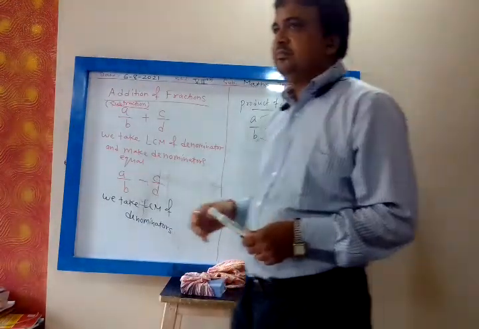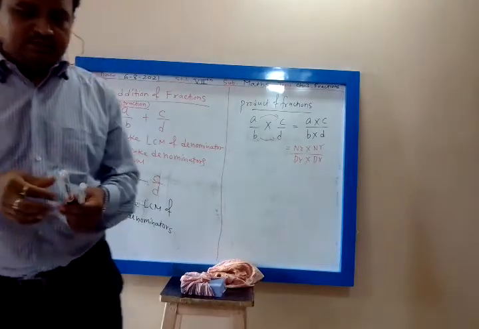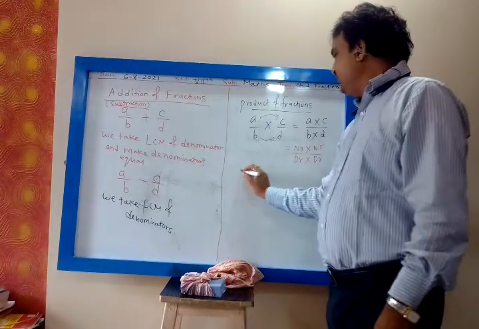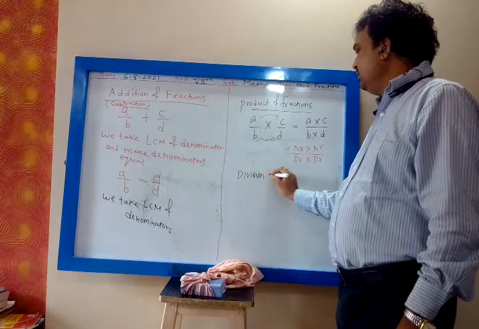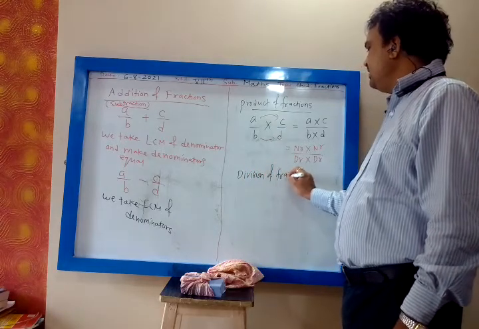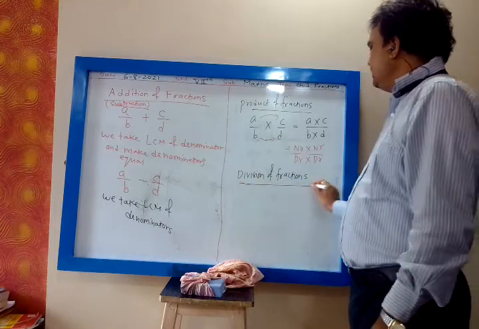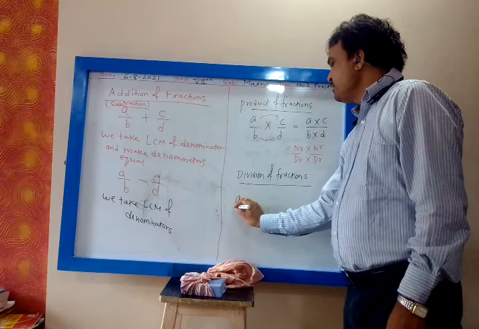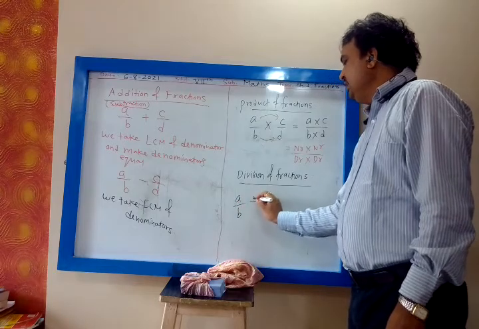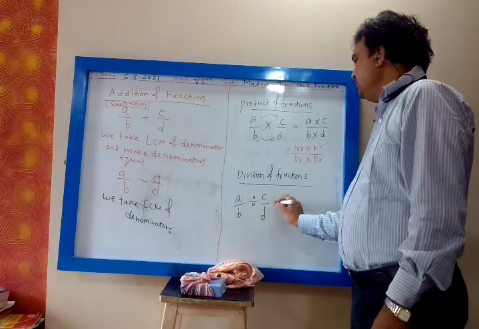Then we have division of two fractions. Your fraction is same as rational number, my dear. So whatever operation we do with the rational number, the same thing is there for fraction. A by B divided by C by D. What do we do in the rational number?